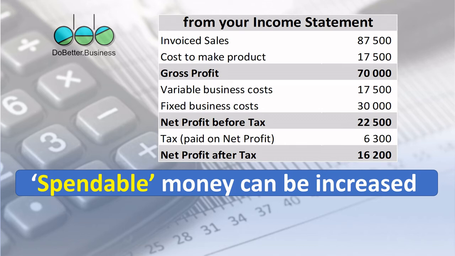One of the ways to do that is to increase the selling price of your product, but you may be unwilling to do that. Another way would be to reduce your expenses.